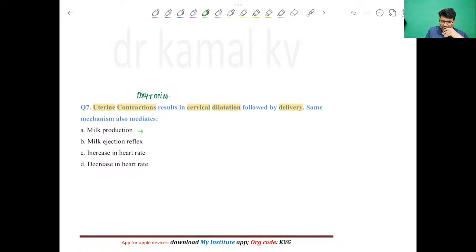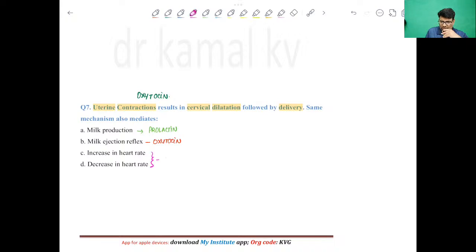Milk production is mediated by prolactin. Clear? Galactopoiesis, milk production. Milk ejection, yes, this is by oxytocin. This is milk let down reflex or galactokinesis. Then increase in heart rate, decrease in heart rate, it has nothing to do with oxytocin.